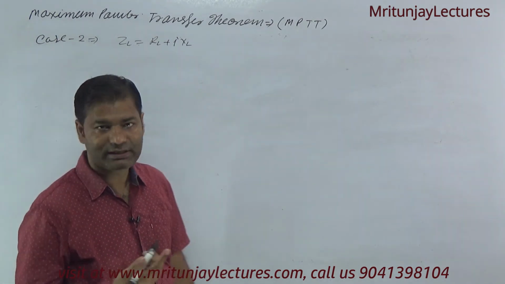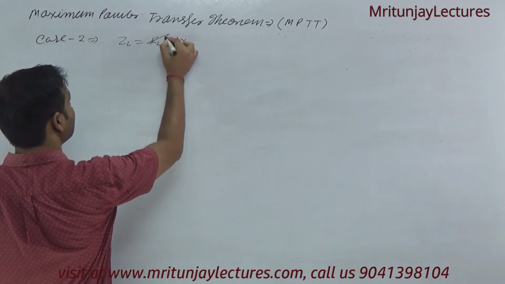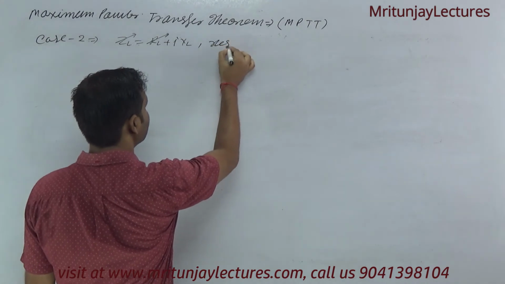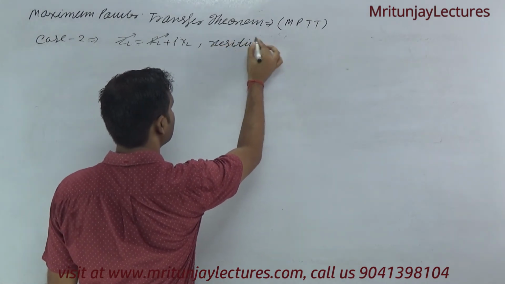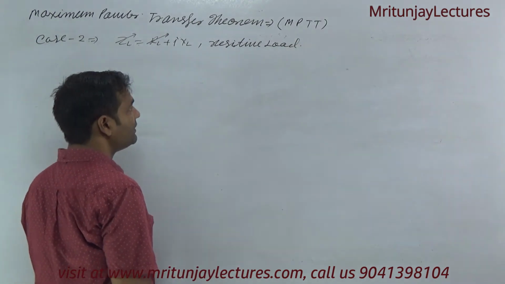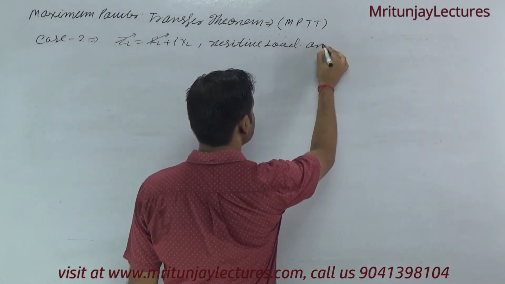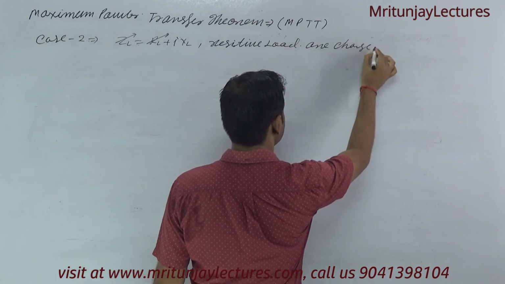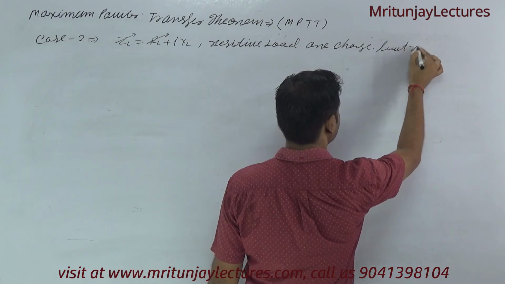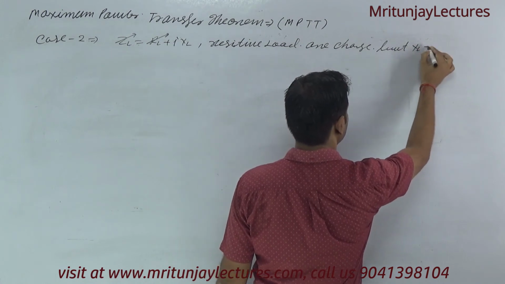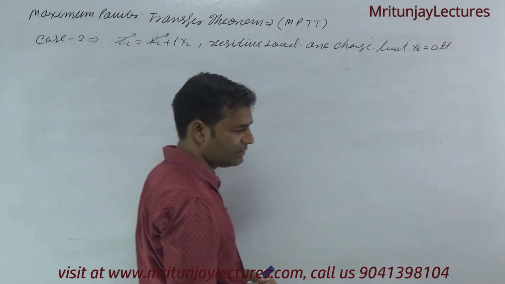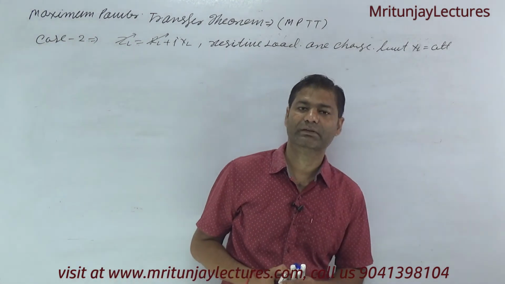If RL is changing, then ZL is also changing. If RL is changing, it means a resistive load, R changes but XL is constant. Sometimes XL is 0, sometimes in some questions XL is not given.